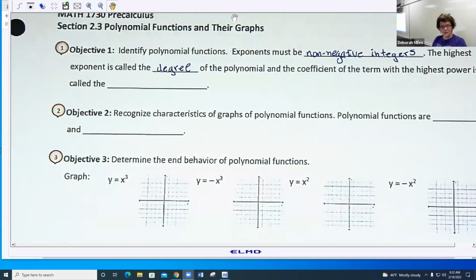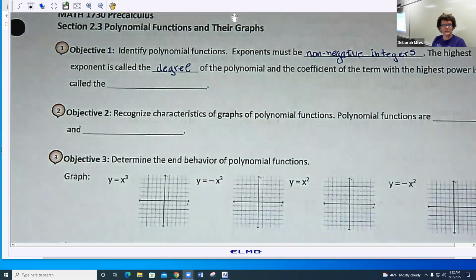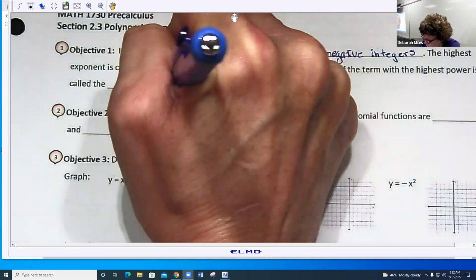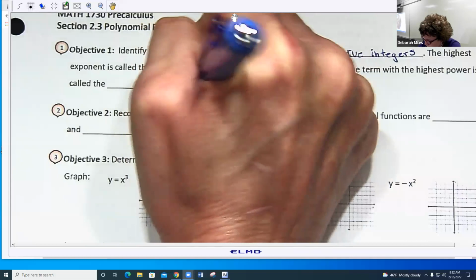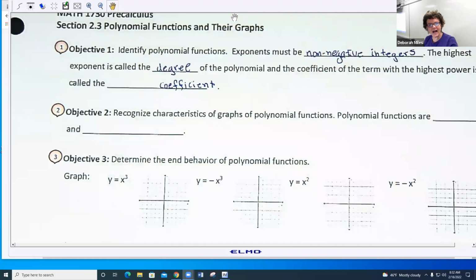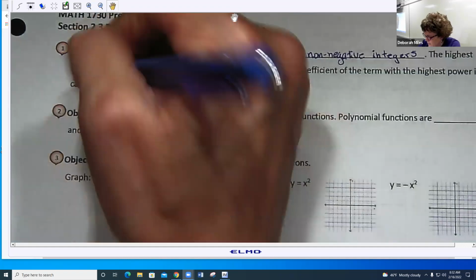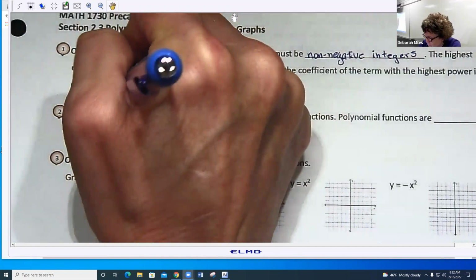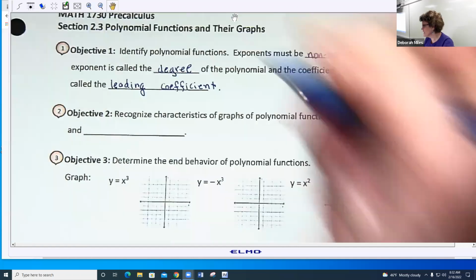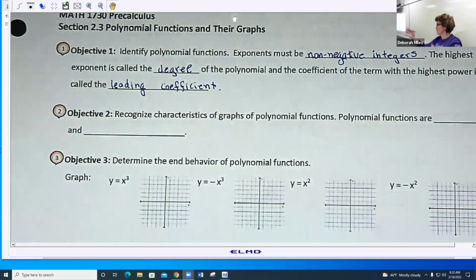And the coefficient of the term with the highest power is called the... it's two words, and the second word is coefficient. The coefficient of the term with the highest degree is called the... not necessarily, because it's not just whether it's a 7 or a 2, but it's the leading coefficient.